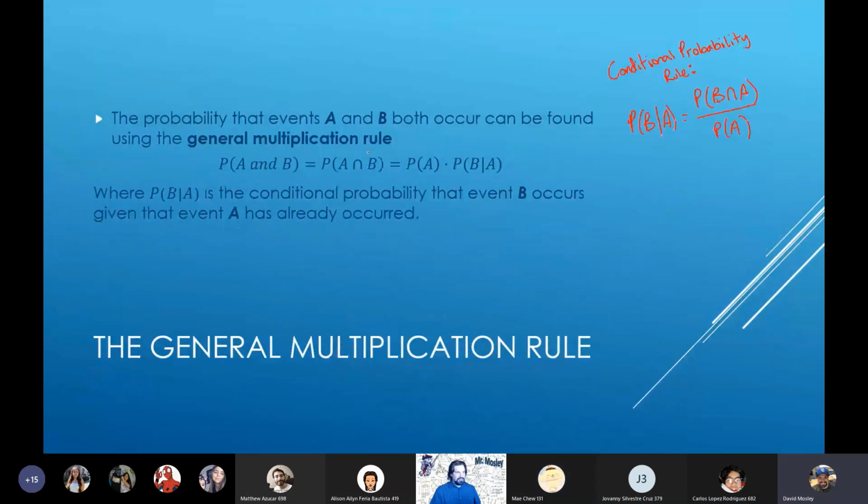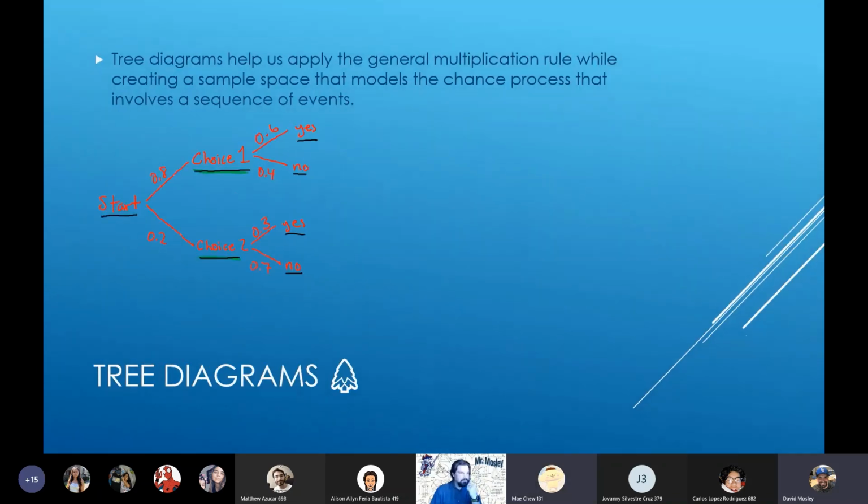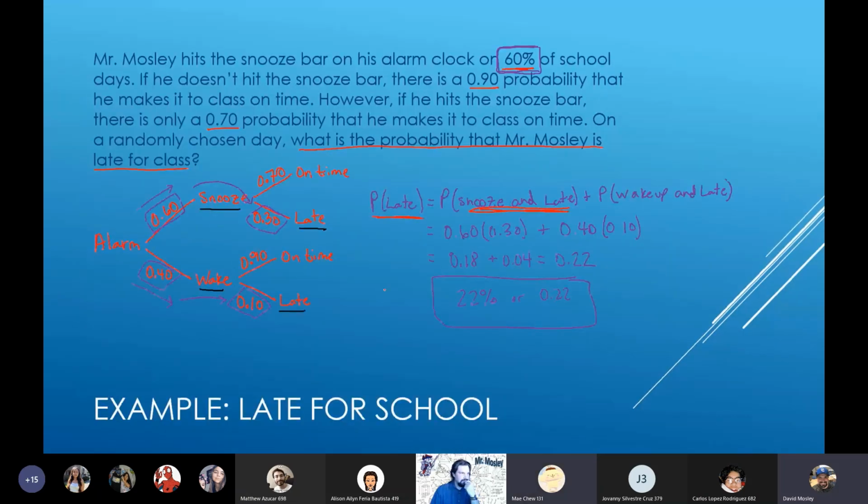The general multiplication rule is just a reworking of the conditional probability rule. I'm just rearranging it based on the thing that I need. Oh, okay, I see. So when we said probability of being late, in our conditional probability, we had probability of being late. So we have two events.